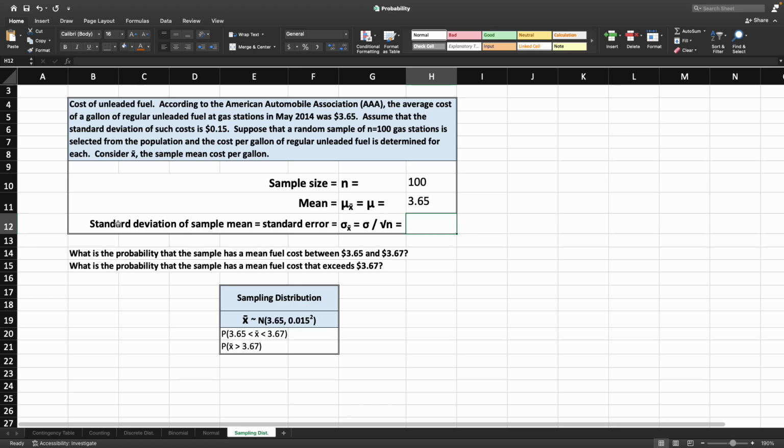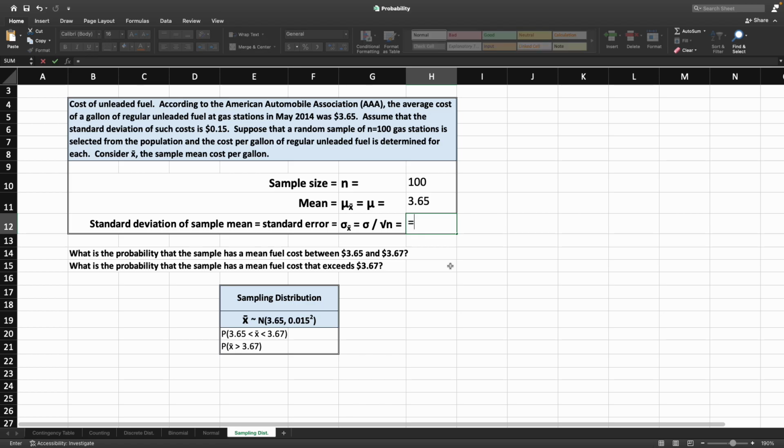And then we want the standard deviation of x bar. So the standard deviation of the sample mean, or we could call it the standard error, or we could say sigma sub x bar, which we know is equal to sigma divided by the square root of n. So let's go ahead and calculate that.